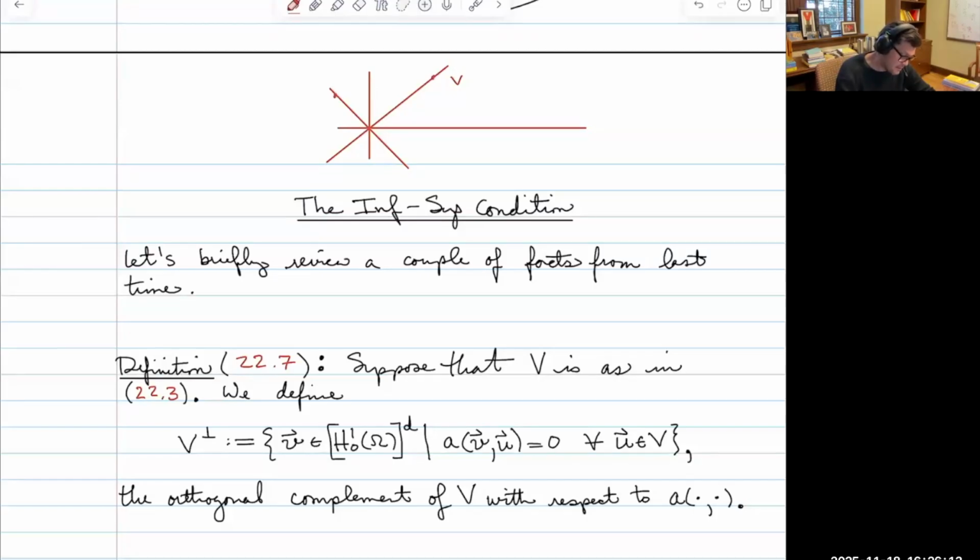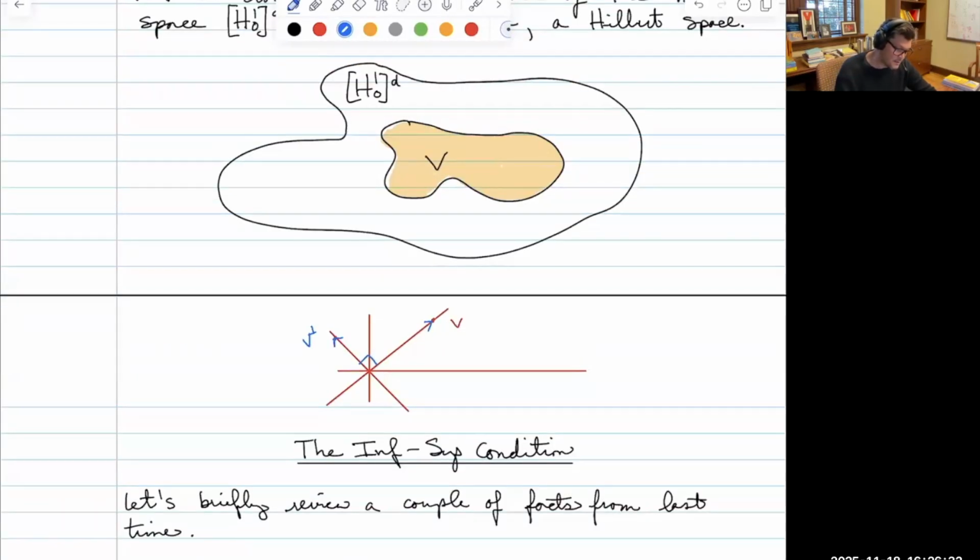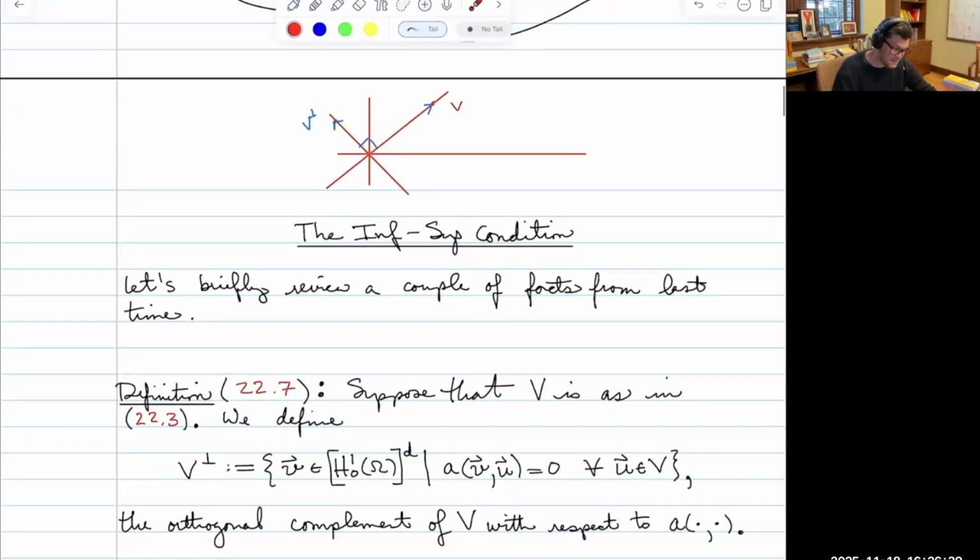You can look at it like this. A vector in this space V perp and a vector in this space V are going to be at right angles to each other. I can't draw the same sort of thing here in this space, it's too complicated looking, too blobby, but it's easy to see here in R2.